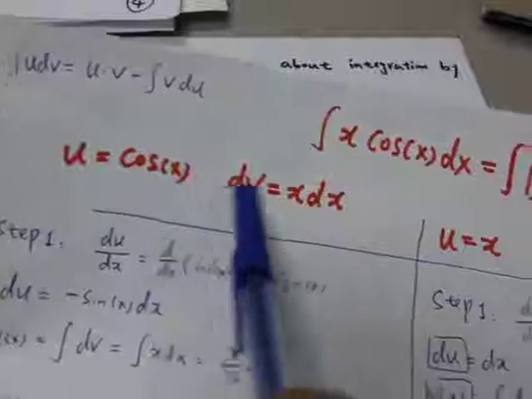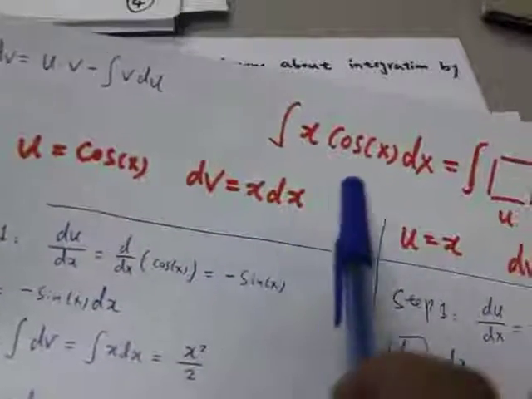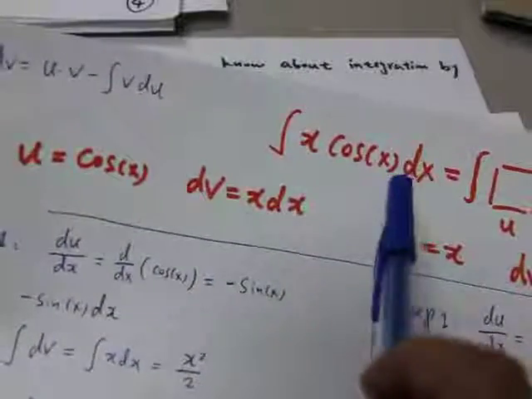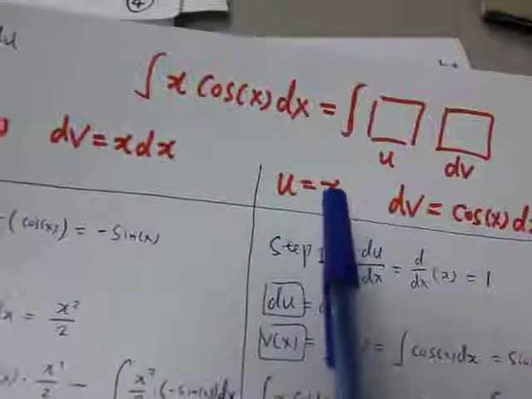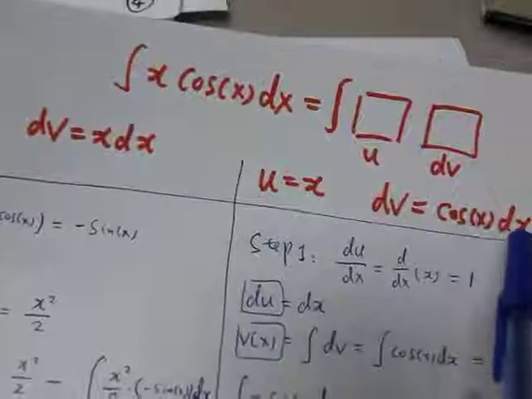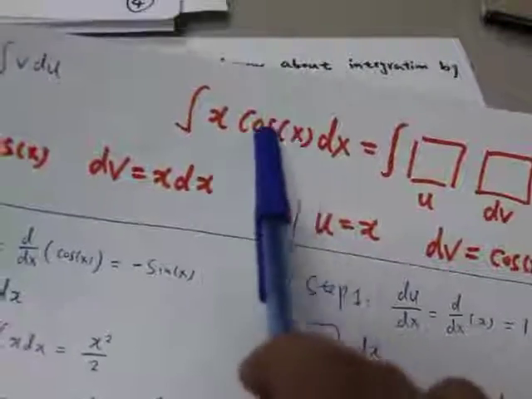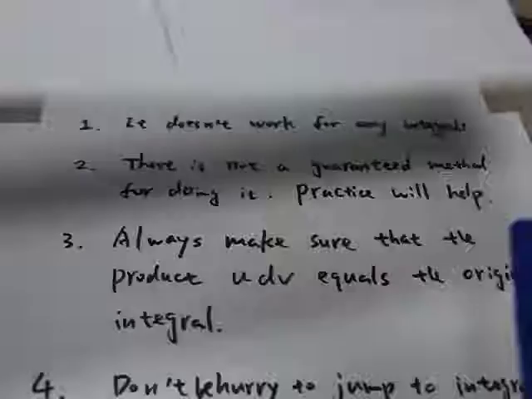So cosine x times x dx equals our original expression in the integral, x times cosine x dx. This equals the original expression.